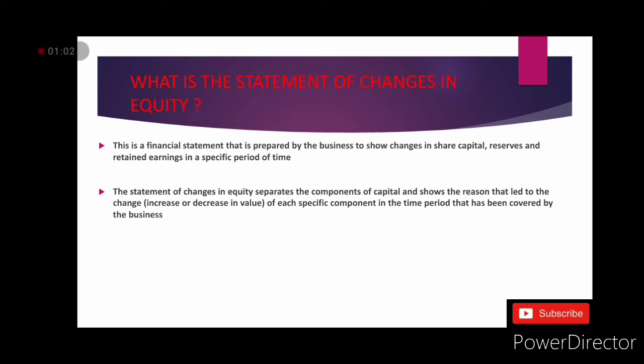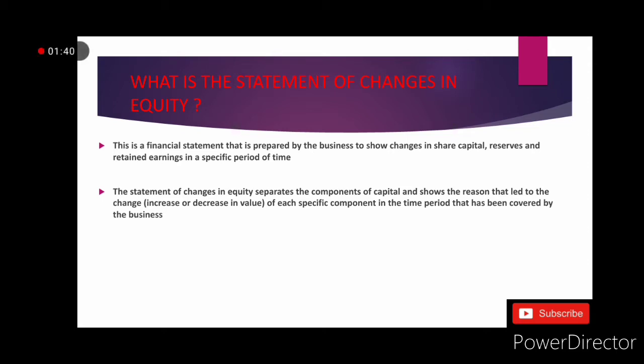Because of that, there came a need to prepare a financial statement dedicated to explaining and showing the transactions or the reasons behind the increase or the decrease in each component of the shareholders equity. The statement of changes in equity separates the components of capital, shows each single component individually, and shows the reason that led to the change, that is the increase or decrease in value of each specific component in the time period covered by the business.